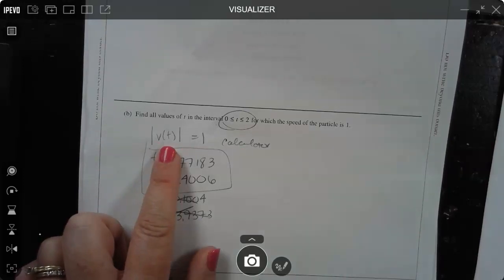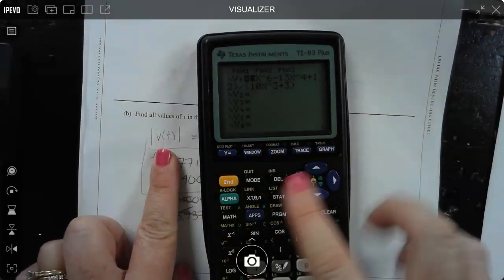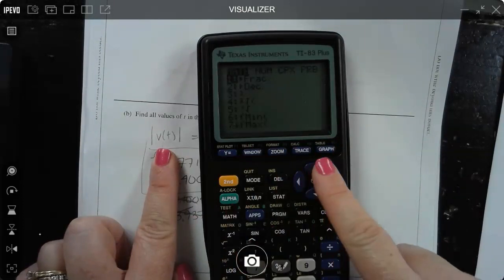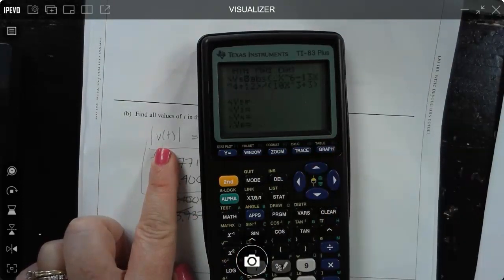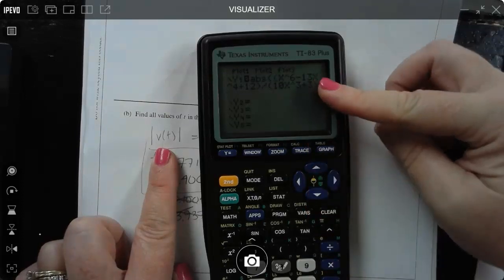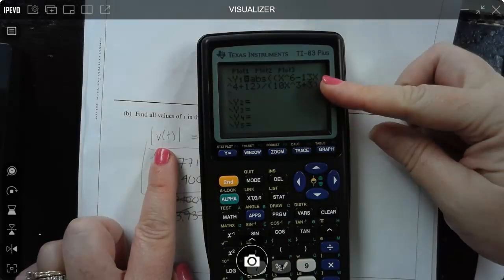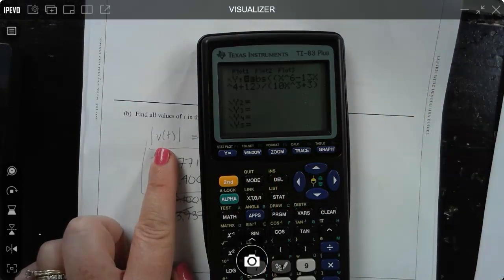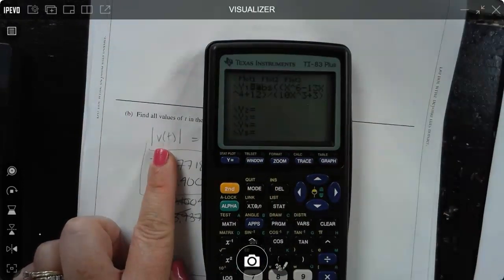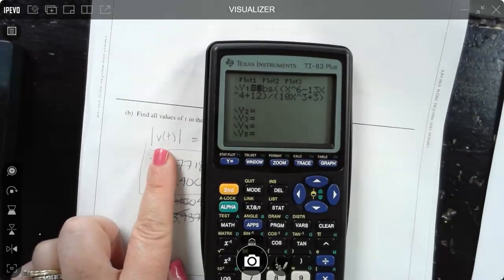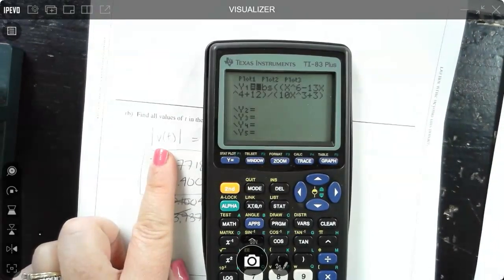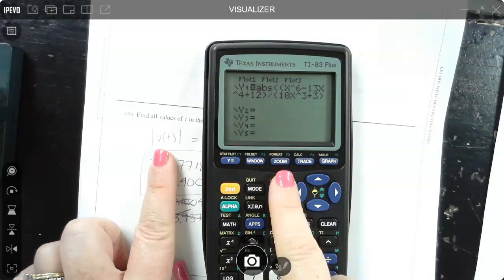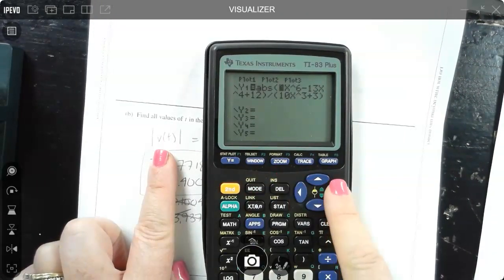And then what I did, because it's between 0 and 2, I went into my y1 and did a second insert, and I made it the absolute value of that. So I took that same equation that was already there from part A, and I went up to the beginning. If you do second delete, it lets you insert something in front or wherever you are, so it doesn't overwrite.